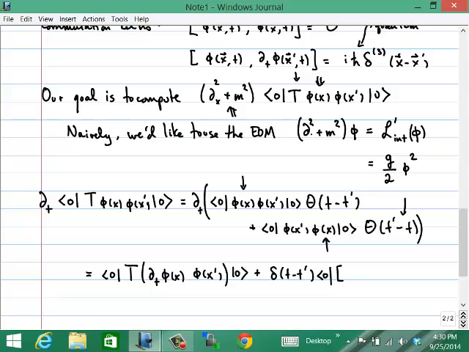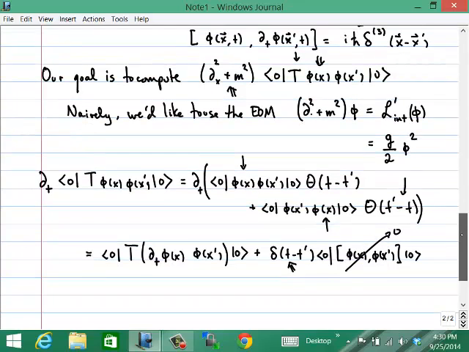So that's otherwise known as the commutator of phi x with phi x prime, evaluated in the vacuum state. Now notice that we have this commutator multiplied by a delta function that sets t equal to t prime. So we can use the fact that at equal time these fields commute. So this is going to be 0.